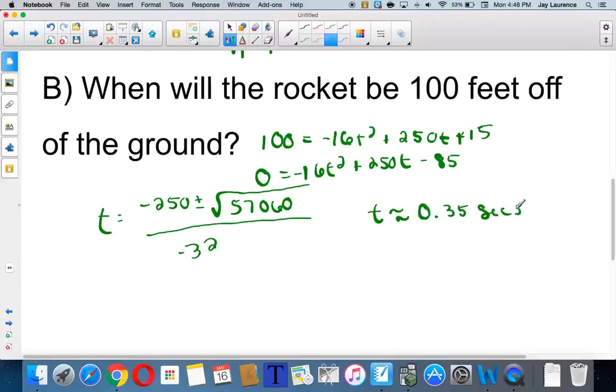That's one answer, but I've got to find the other answer because it's going to hit 100 feet on the way up. It's going to go all the way up to 900 some feet and then come back down. It'll pass 100 again. And the second time will be at about 15.28 seconds. And there we go.